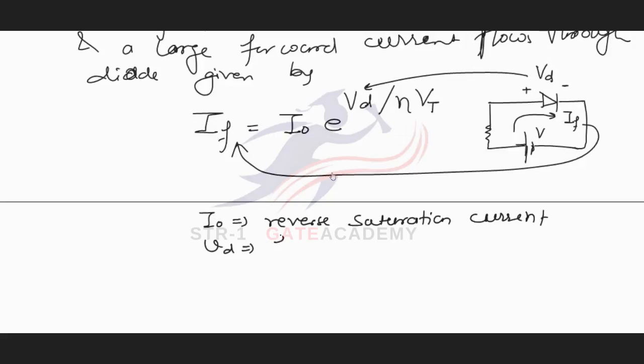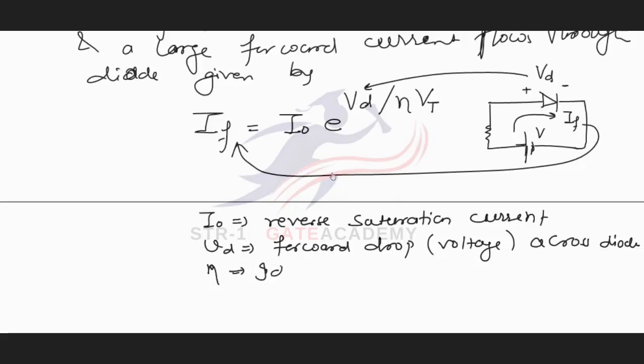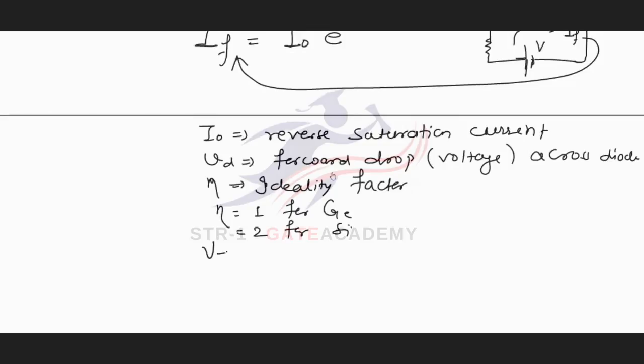Vd is called forward voltage drop. It is the voltage drop across the diode. Eta is called the ideality factor, and its value is equal to 1 for germanium and equal to 2 for silicon. Vt is called thermal voltage.